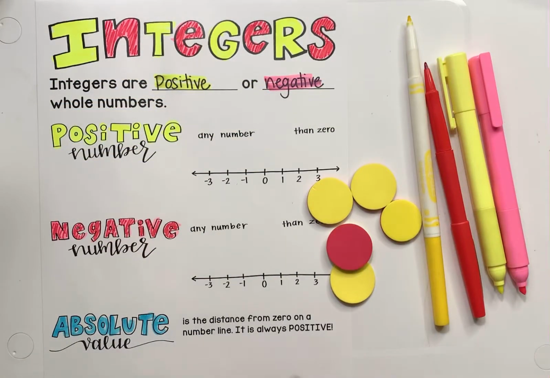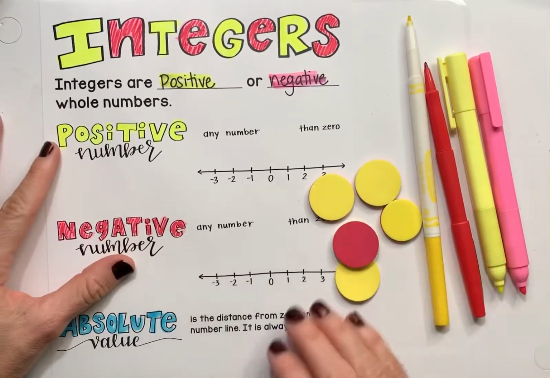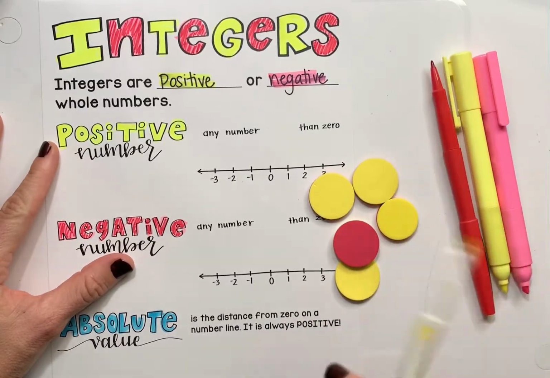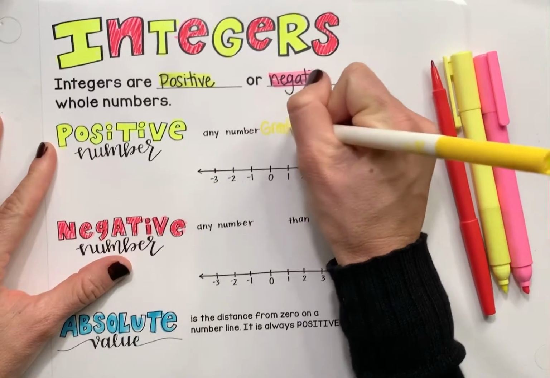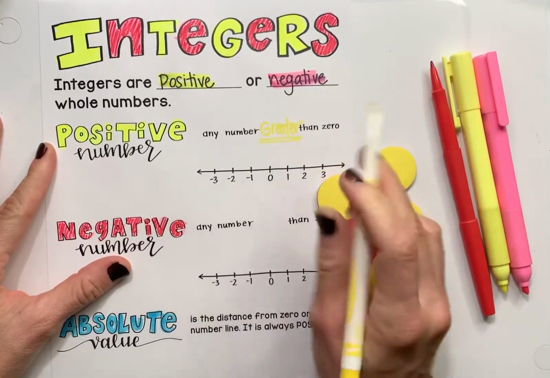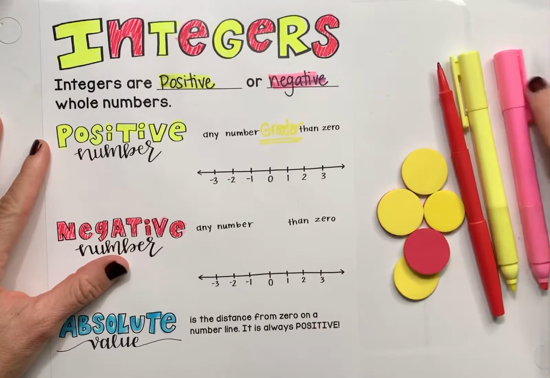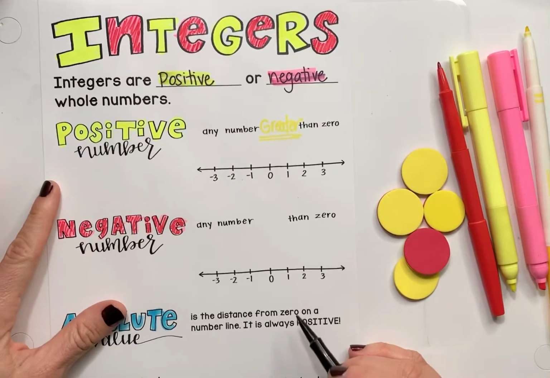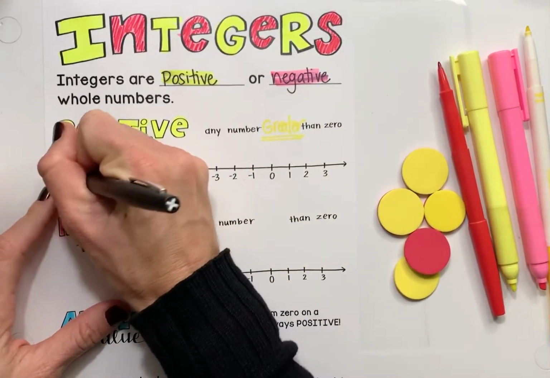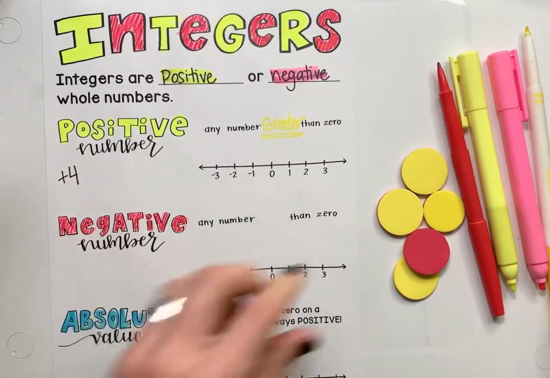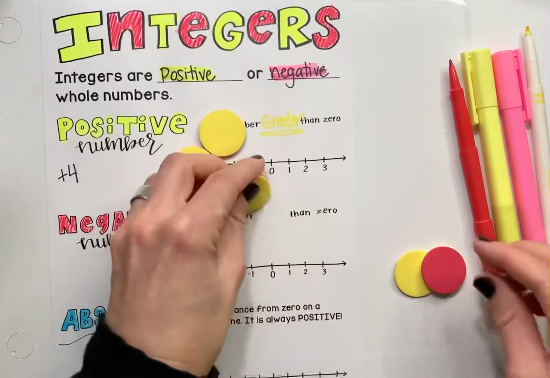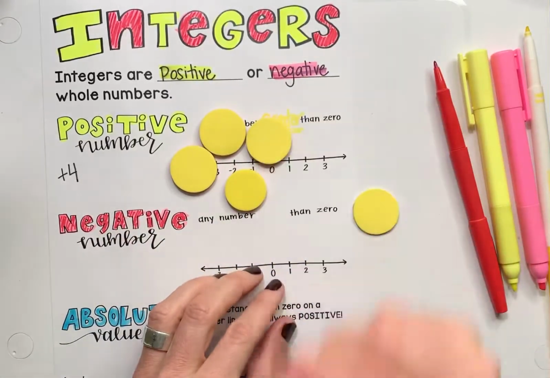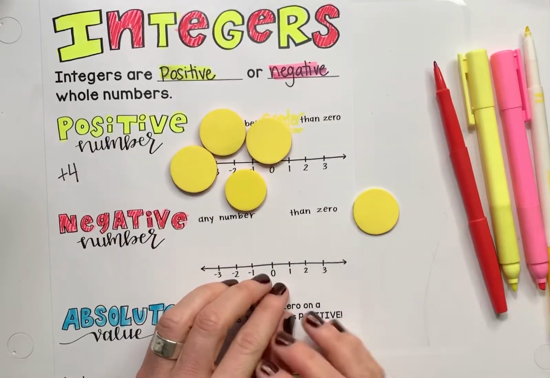Okay, so positive numbers. Positive numbers are any number greater than 0. So if we were to want to model a +4 using our integer chips, we just would take out 1, 2, 3, 4 chips, and we would lay them out on the positive side.